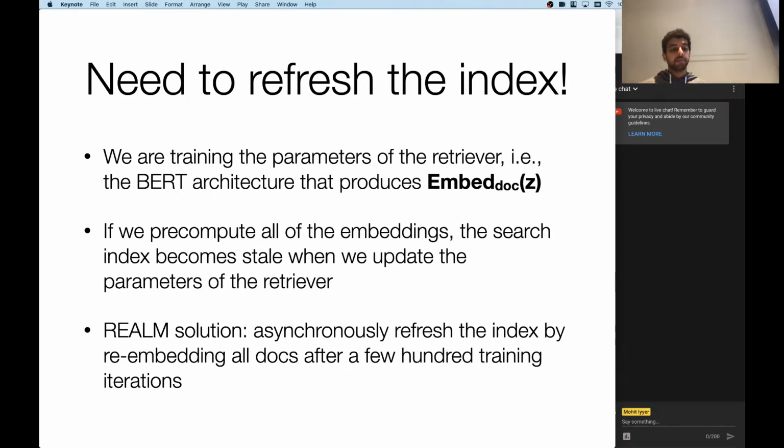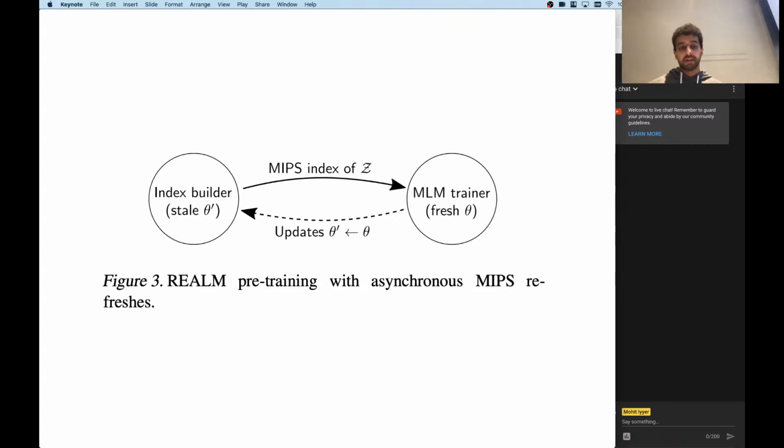And between these refreshes, which happen asynchronously, the index is allowed to go a little stale, but not super stale. So this is kind of a hyperparameter that you can tune: how often do you refresh your index based on your compute that you have available and how much time you want it to take. But this is very expensive, so you don't want to just do it after every batch.